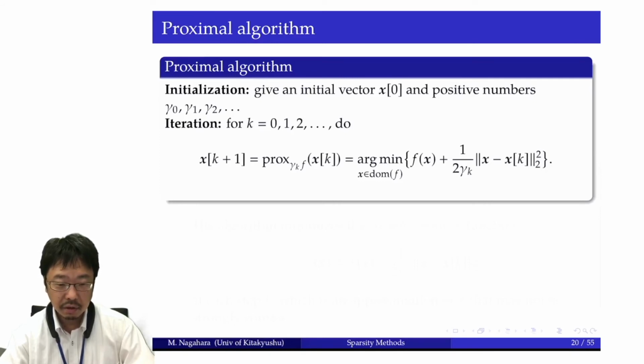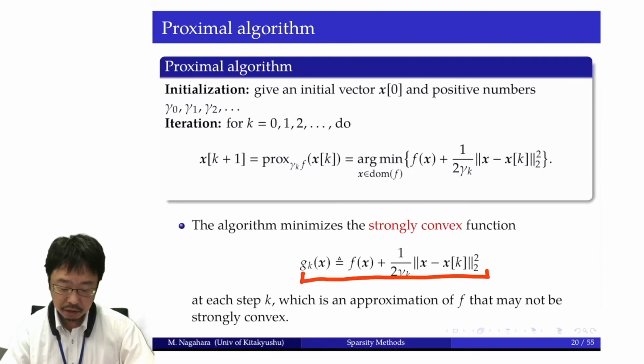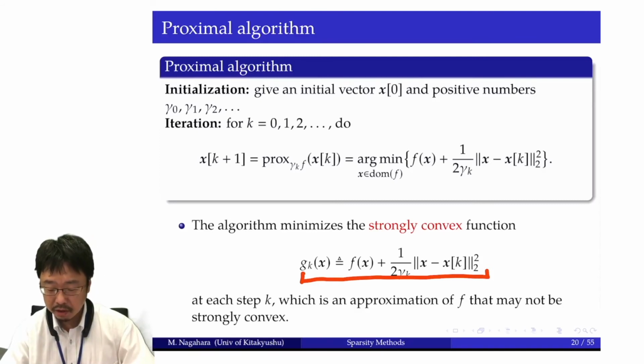That's it. We just apply the proximal operator iteratively. The algorithm minimizes the strongly convex function g of k defined by this at each step k, which is an approximation of f that may not be strongly convex. This is the proximal algorithm.